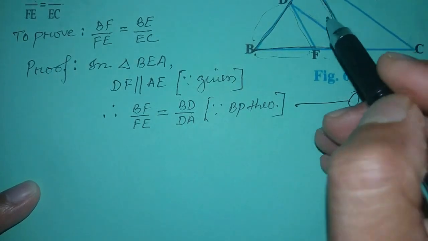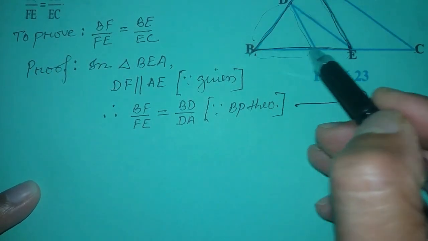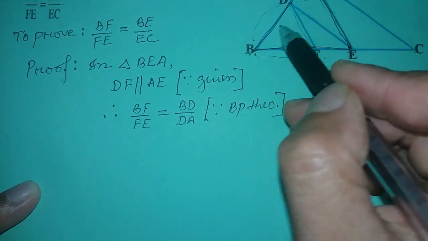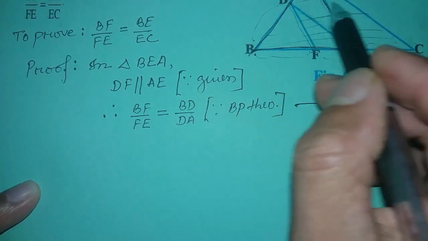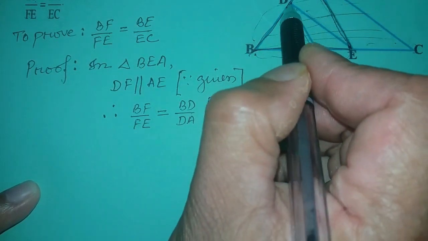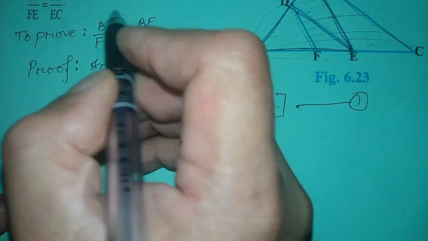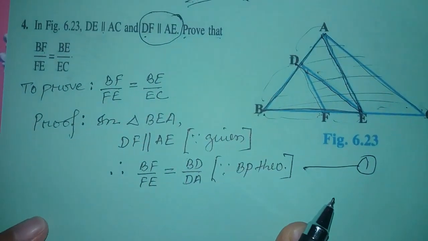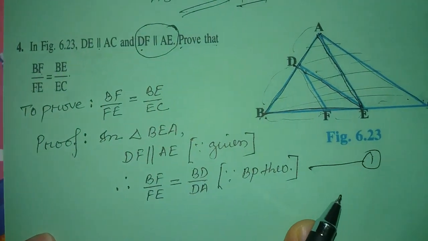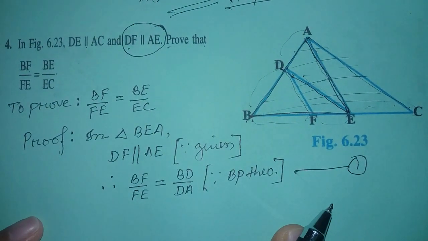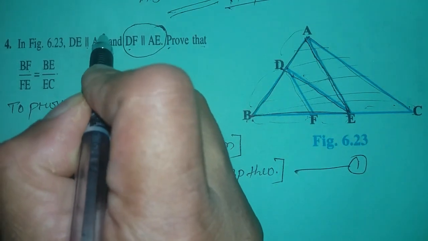Now next we are going to take this big triangle, the whole triangle here, and in this whole triangle DE is parallel to AC. That is given in the question here.